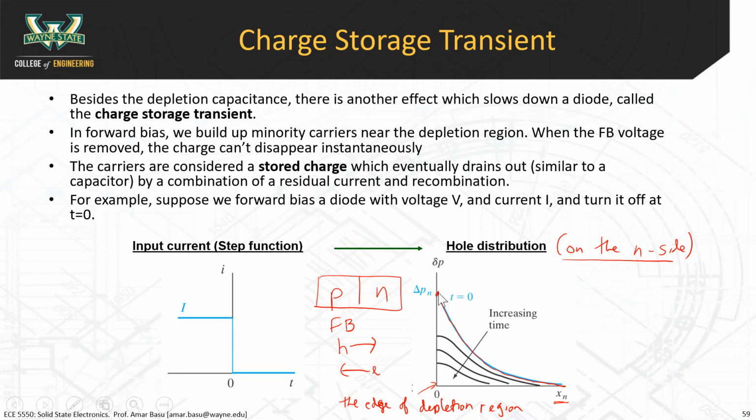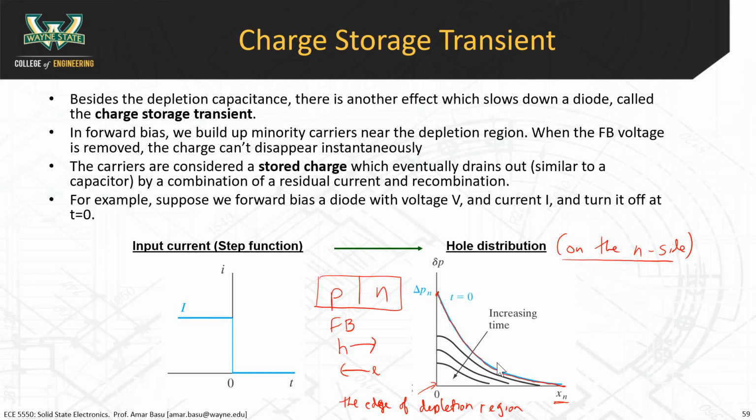The carrier concentration decreases exponentially with respect to X. That's what we looked at before. What I'm going to talk about now is the fact that this is built up charge. That charge exists when you forward bias the diode.